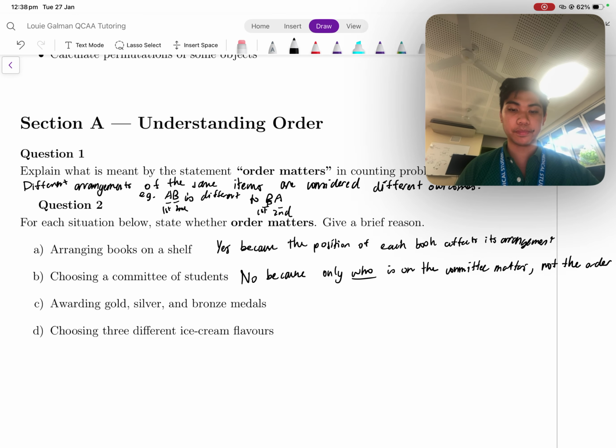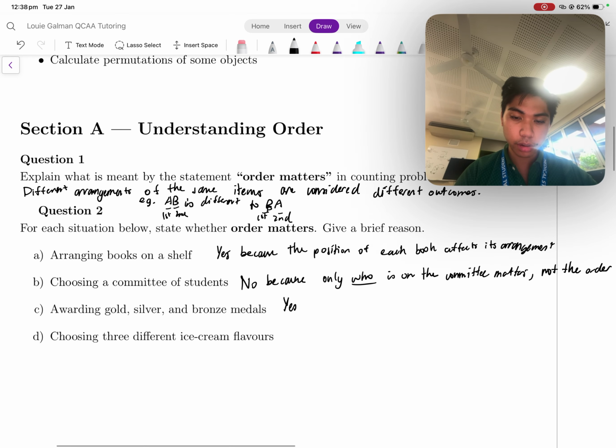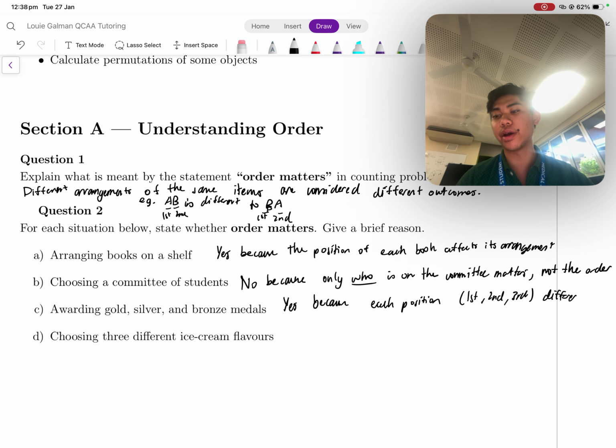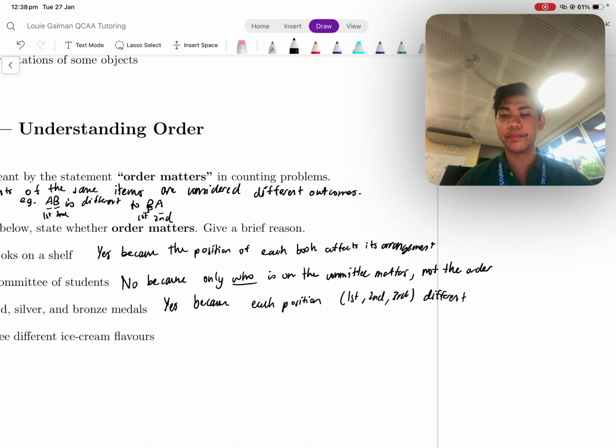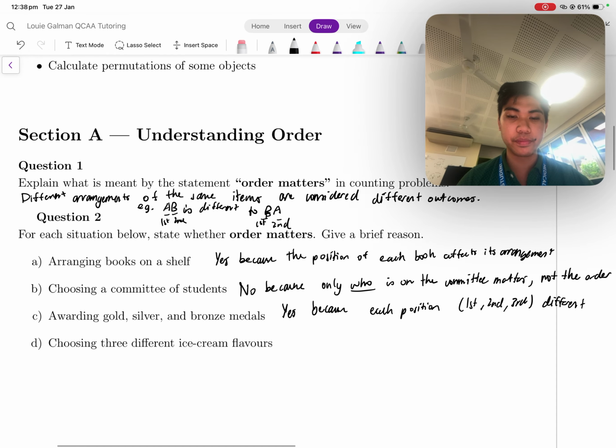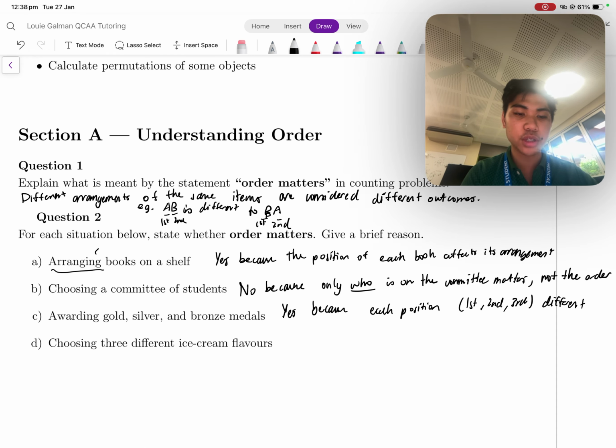Well, yes, order does matter because each position, first, second, and third, is different, right? And so there is some sort of arrangement there. So I guess you get the idea that if it says arrange, then that's where order matters. If it says choosing, then order does not matter.